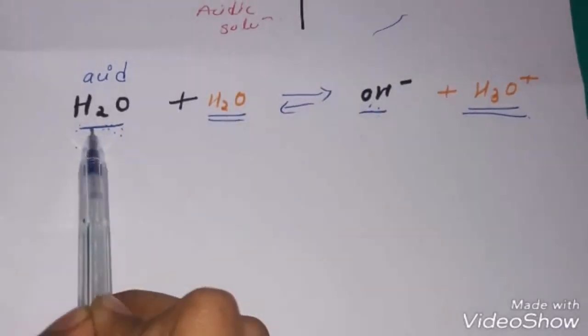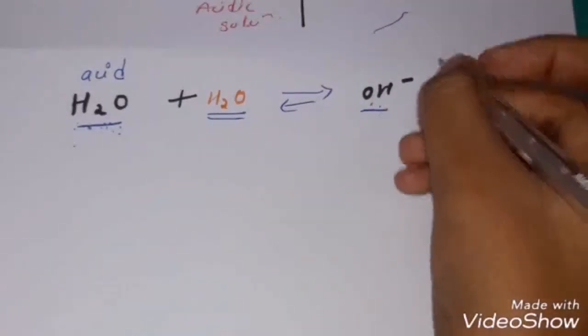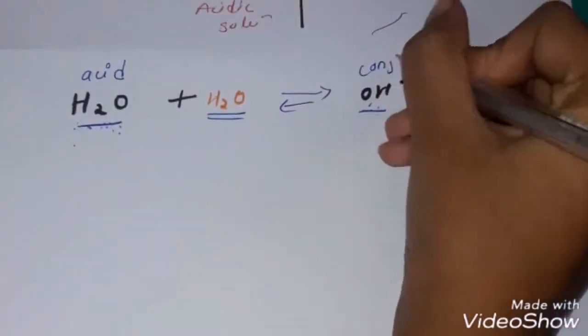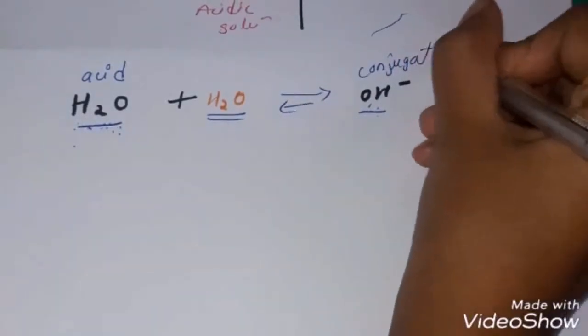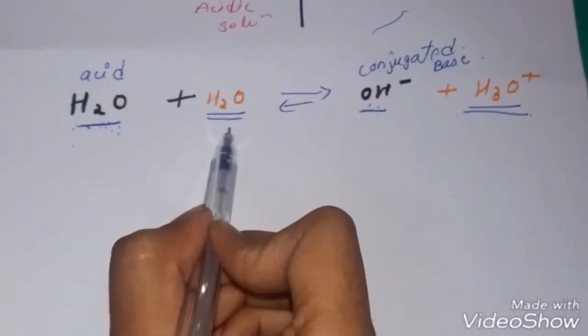So it works as acid and the product which is generated is known as its conjugated base. The same will be for this one.